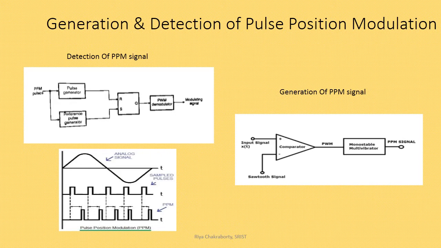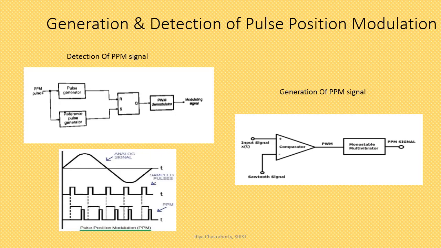And now the demodulation of PPM. The noise corrupted PPM waveform is received by the PPM demodulator circuit. The pulse generator develops a pulsed waveform at its output of fixed duration and applies this pulse to the reset pin R of an SR flip-flop.